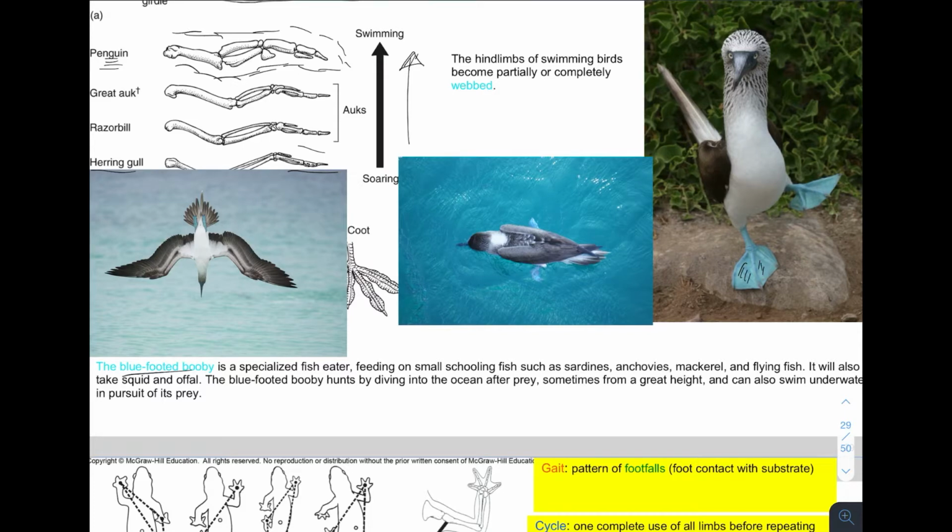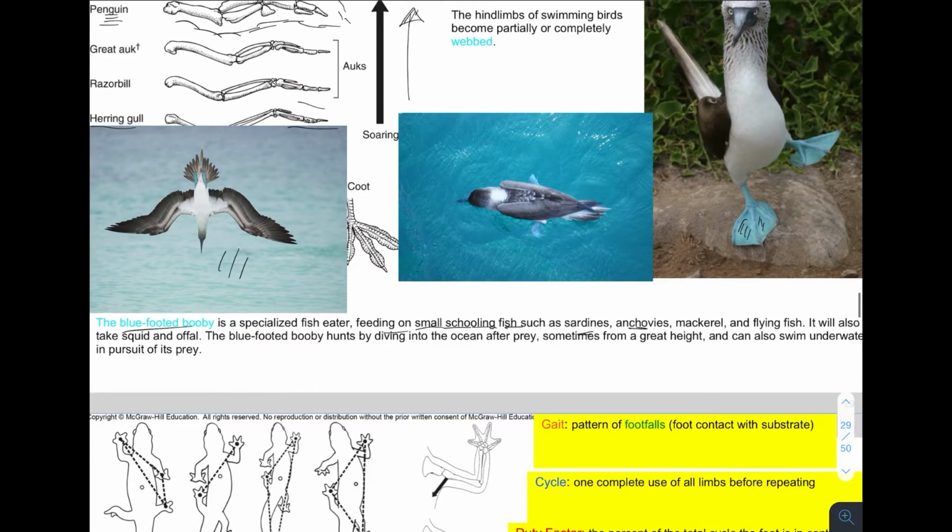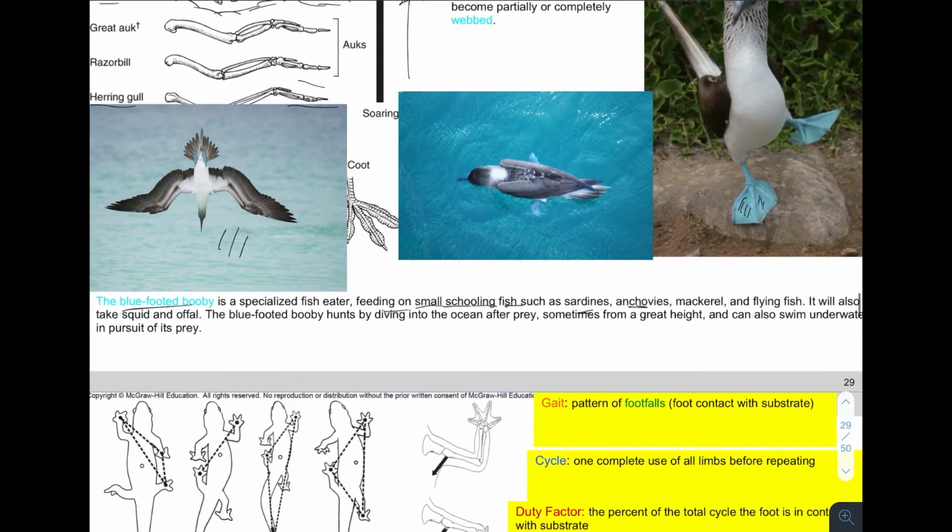But they are famous for being able to fly, but also diving to go and basically catch their food. They feed on fish, sardines, anchovies, yummy. And so, of course, they also need to be able not only to fly, but also to swim. And so what you see is that their anatomy is good for both, kind of an in-between anatomy there.